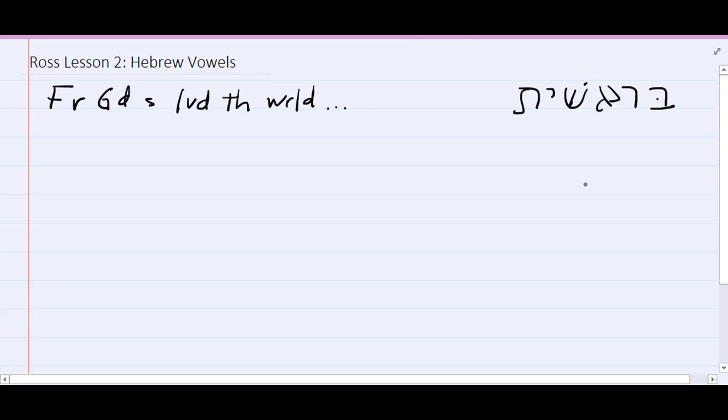When they received their consonantal text and wanted to preserve the vocalization, the oral pronunciation system, they preserved it with a vowel pointing system, and so they added these vowel points below, beside, or above the consonants. So here we have B, Re, Sheet.